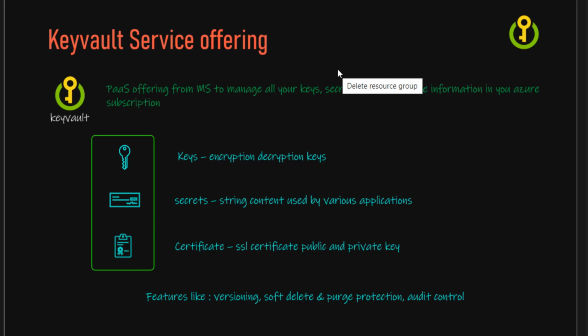And at the last, you also have the purge protection feature available with Keyvault, so you can purge the data which is stored in the Keyvault. Keyvault also offers an auditing feature like any other Azure services. So you could have the full auditing history, who has retrieved what kind of secret and for what purpose.